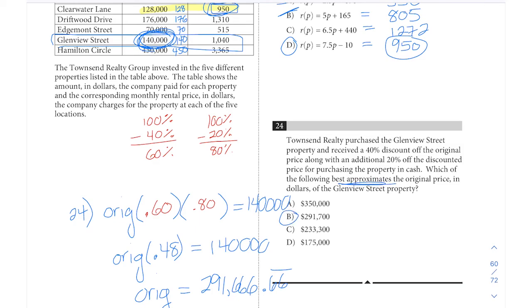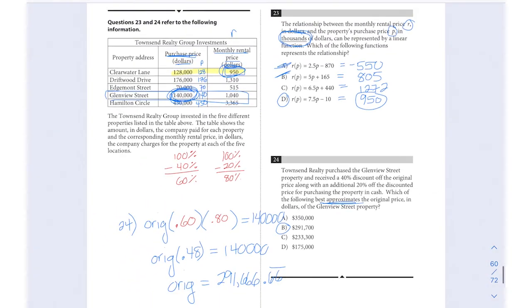And we're talking about an approximation here. The best approximation would be $291.7 thousand for that original price of that home that ends up with a purchase price of $140,000 after the 40% and 20% discounts are applied.